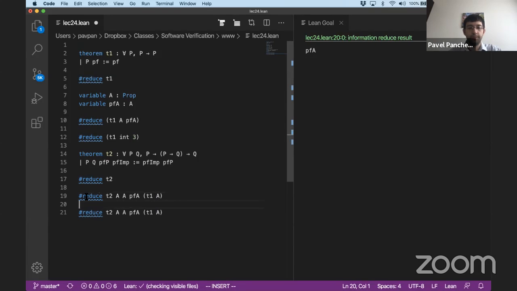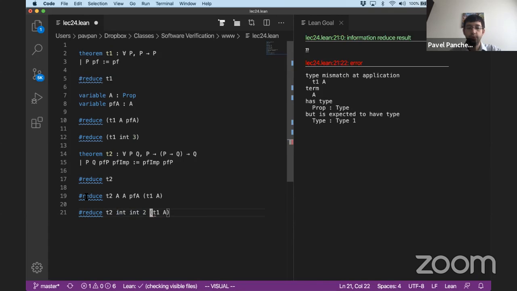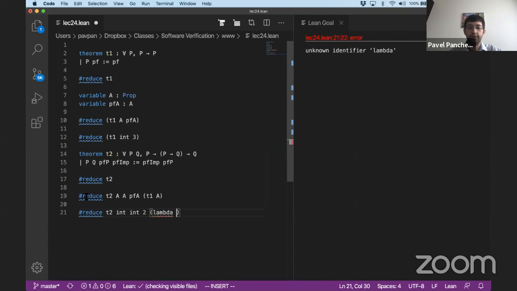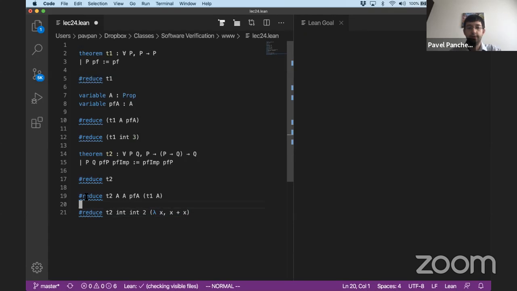And we can also apply it to integers. So if we have a function from integers to integers, and we have an integer 2, we can apply the function x plus x, and that will itself return an integer, in this case 4, by applying this function to this value.